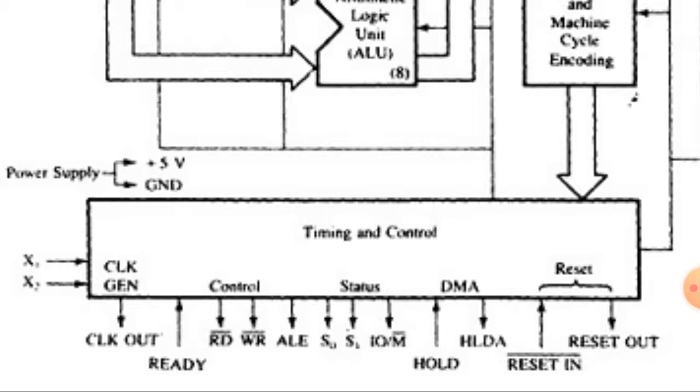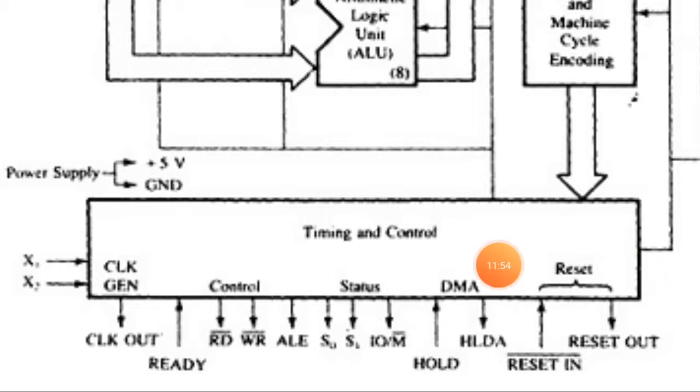There are some control signals, and some status signals, which show the status of your microprocessor. There are some DMA signals, either HOLD or HLDA. There are some reset signals, that is reset in or reset out. And there is a clock signal for controlling the microprocessor.